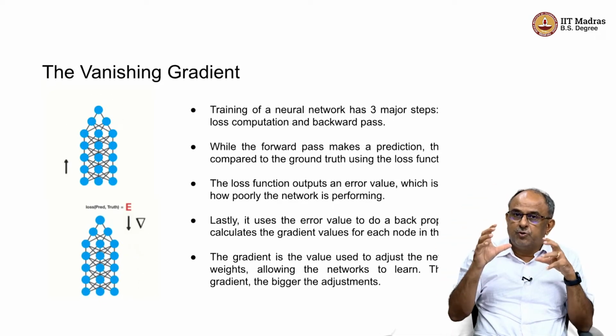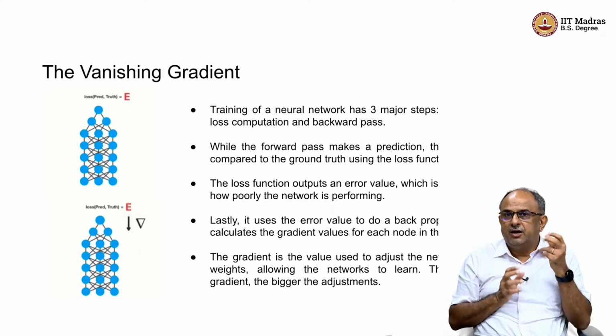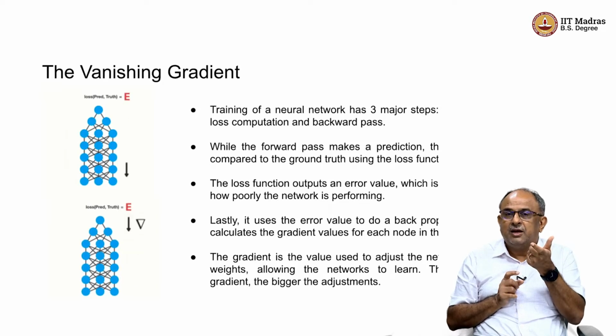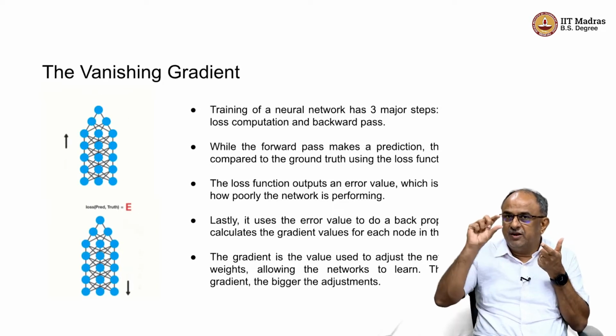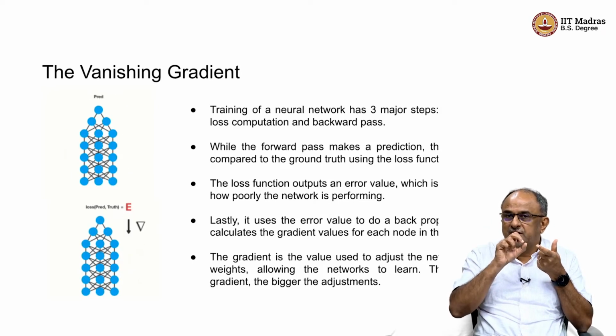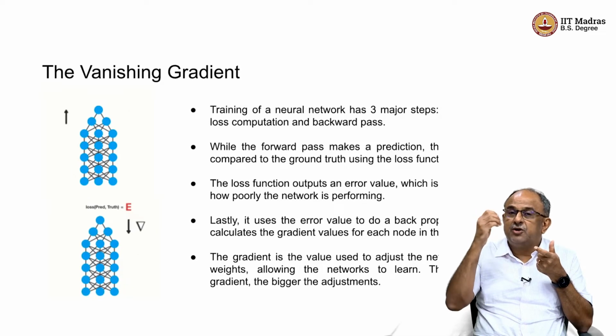So, how do we adjust the weights? Remember, I told you it is using a very simple idea. The present weight is going to be altered by a small amount using the learning rate. The learning rate is going to influence how much you want to change the weight and get a new weight, multiplied by the gradient or the slope.